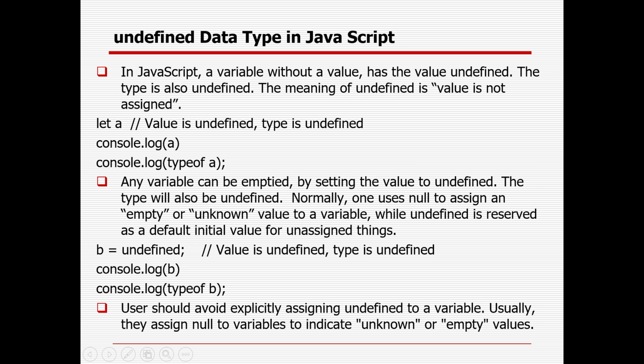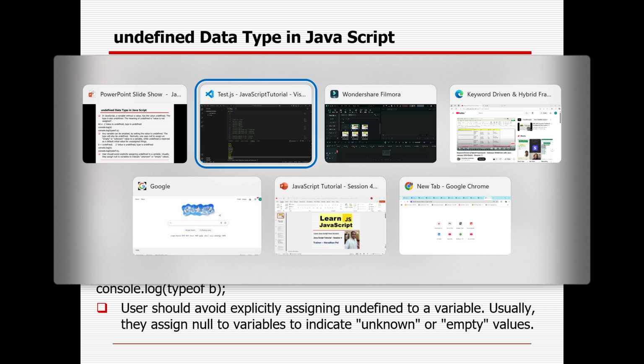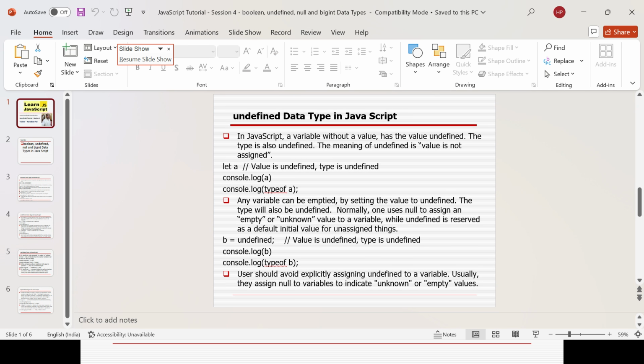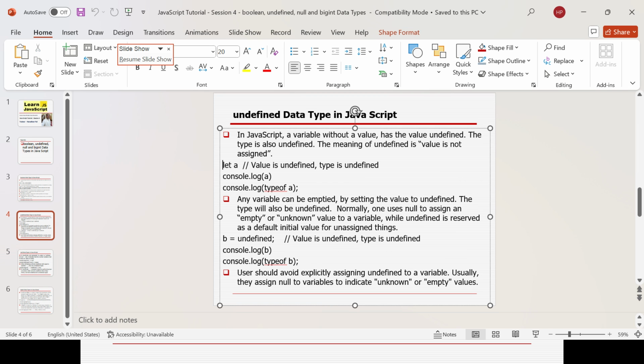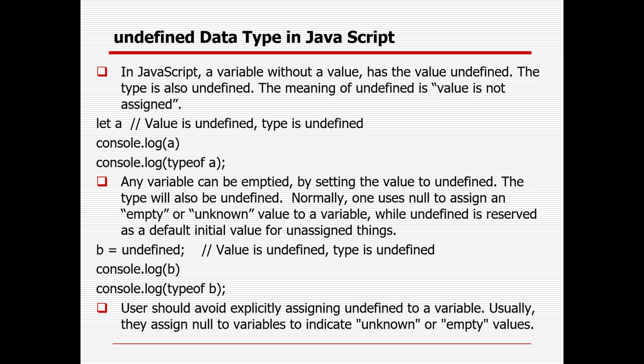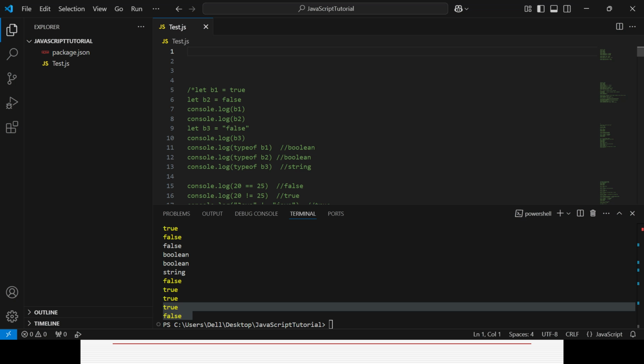So let's define a variable. Here you can see the value is undefined and the type is also undefined because I did not define anything, whether type or value. Now if I just want to print it out, what will it print?